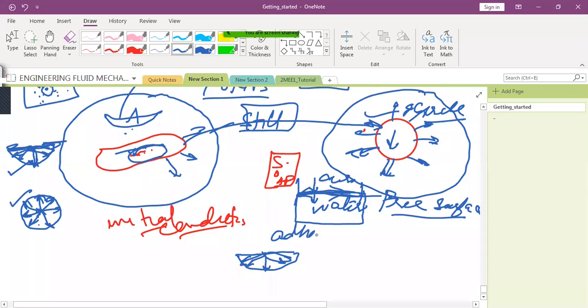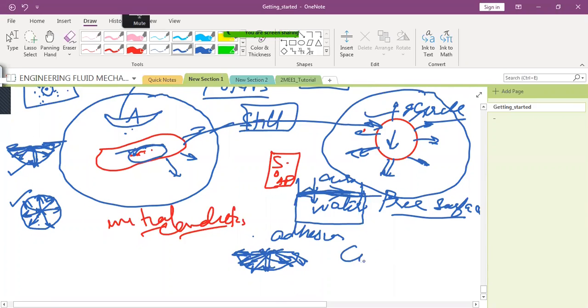adhesion. Now the interaction of air molecules with this is very little, it is very feeble, so you could actually draw it like this. So what will happen is this will be of very small magnitude. So net force will be in which direction? Either in this direction or this direction. So it will be towards the liquid, because adhesion force with the air molecules is very low as compared to the cohesive force within similar water molecules.